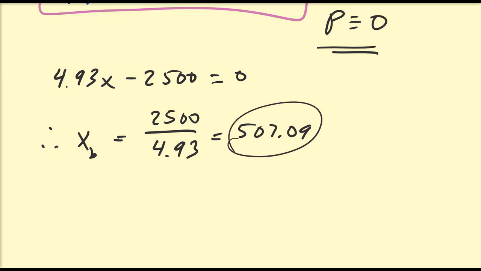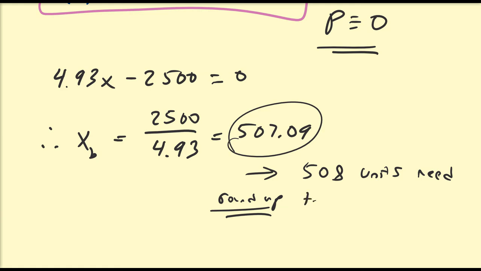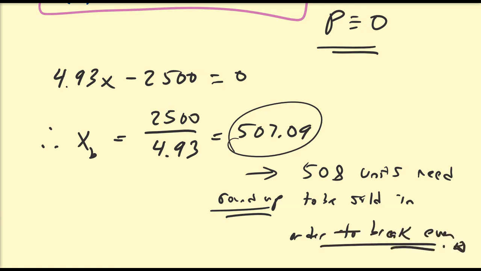But we need to round up to figure out how many units you must sell to at least go slightly above that. So that's going to be 508 units. 508 units need to be sold in order to break even. If you can sell fractional units, then you can take 507.09 as the exact answer. But if you can only have an integer number of units, you should round up to 508.